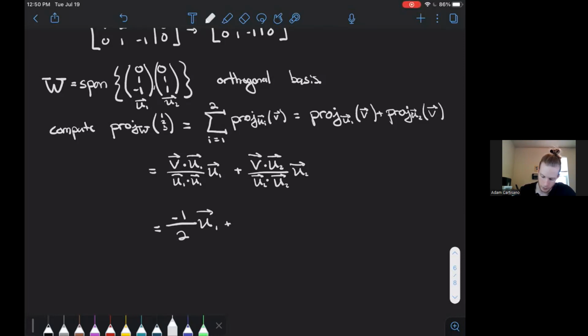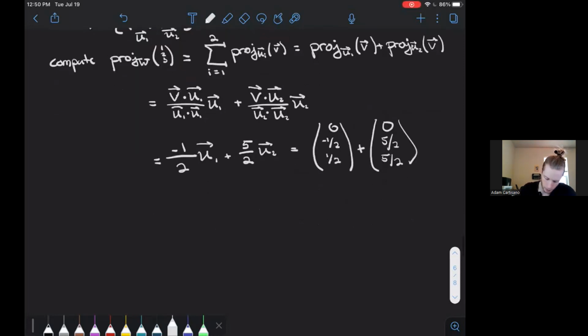V dot U2 is 2 plus 3, which is 5. U2 dot U2 is 2. And now we just do -1/2 U1 plus 5/2 U2, which is 0, -1/2, +1/2, plus 0, 5/2, 5/2.